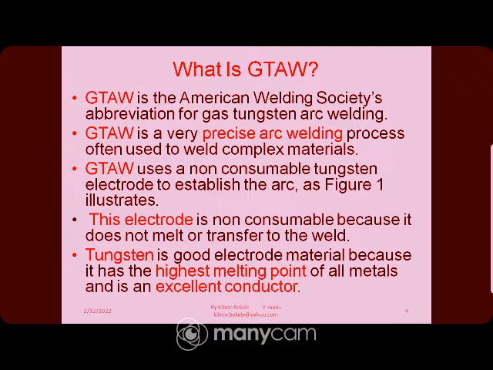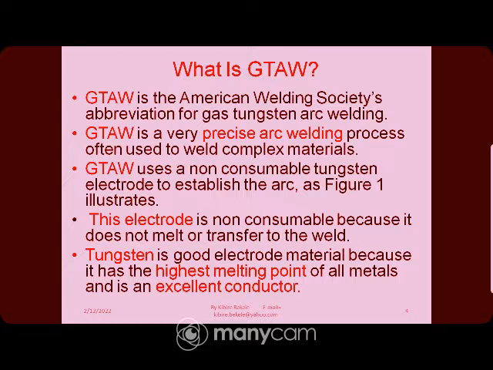But in this case, the electrode we are using in gas tungsten arc welding is non-consumable. This does not mean it lasts forever, but it does not melt and transfer to the joint area. So it needs another filler material or filler rod, which is applied from the side.